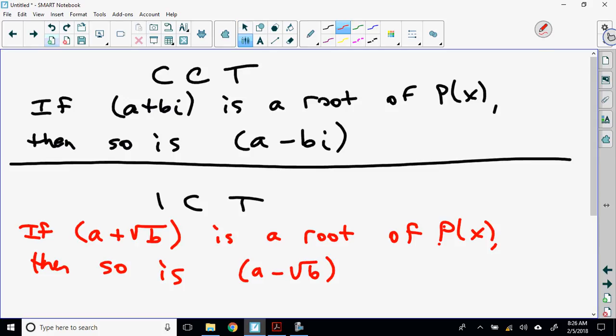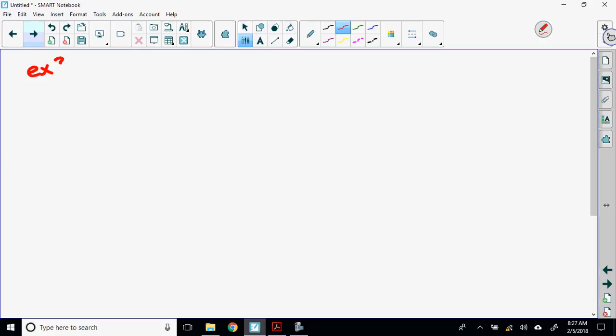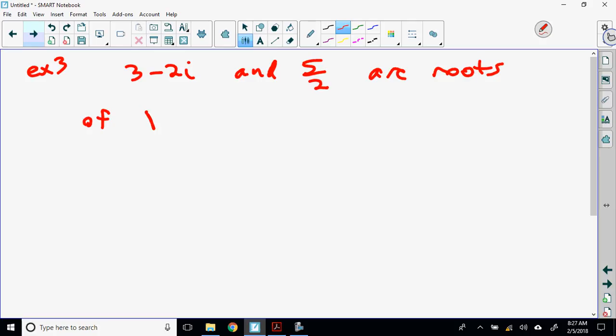So here we go. Example, what are we on? 3. Example 3. 3 minus 2i and 5 halves are roots of f of x.